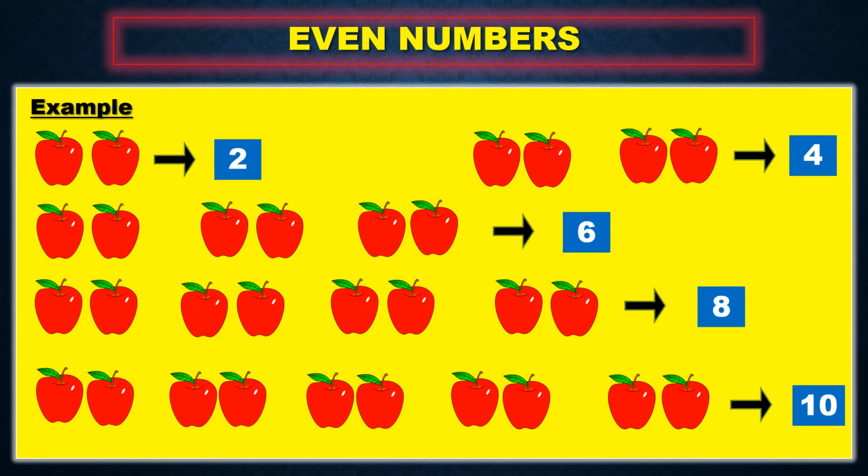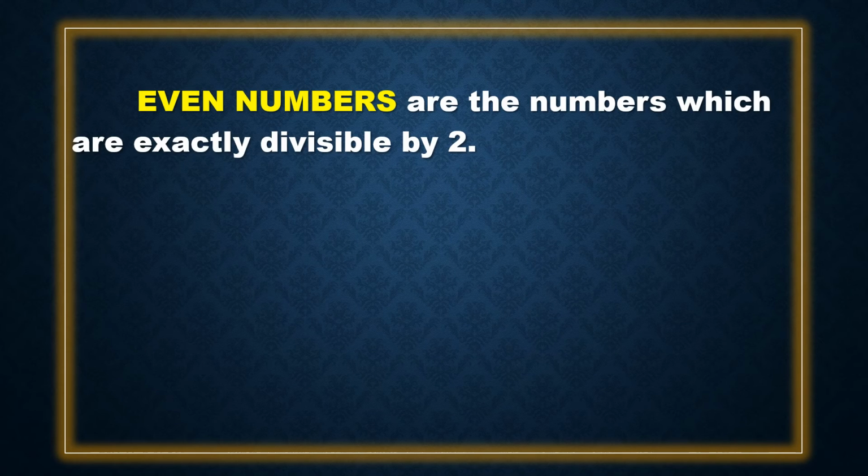Let me go to the definition of this. So here is your definition of even numbers. Even numbers are the numbers which are exactly divisible by 2. Exactly divisible by 2 means, suppose let me take one example, 15.